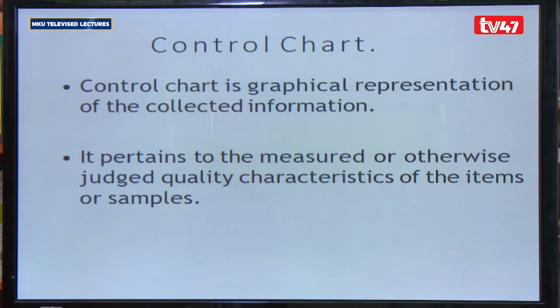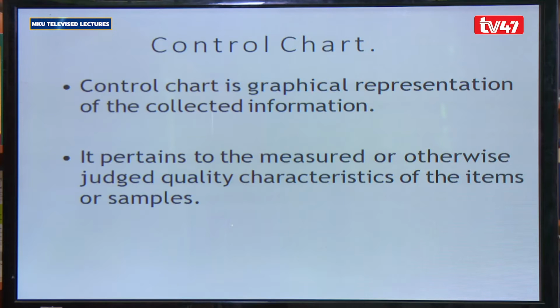So like any other form of chart, when we talk of a control chart, this is a graphical representation of the collected information. The information that we are referring to in this case is the information pertaining to quality standards.